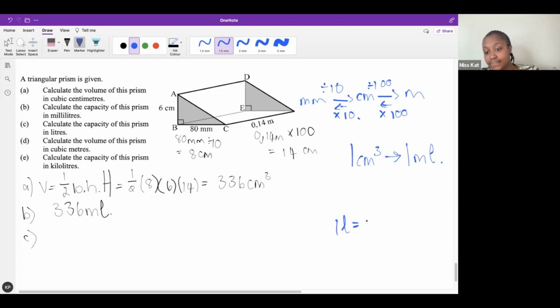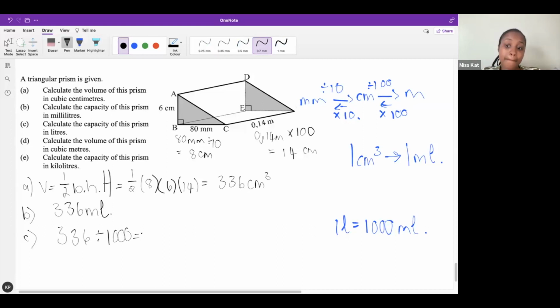Okay, it's 1,000. Here we go. 1,000 milliliters. So we divided by 1,000, right? Yes. So how many liters is this? It's 0.336 liters. Thank you very much, Setabile, thank you.